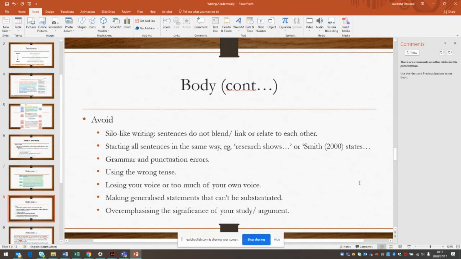Then using the wrong tense is something we pick up a lot when students are writing a proposal, because it is something they are going to do based on research that has been done and current states of observation. If you're talking about research that has been done, that's in the past tense. If you are proposing how you are going to do the research, or your methodology and which theories you are going to use, then that is your future tense.